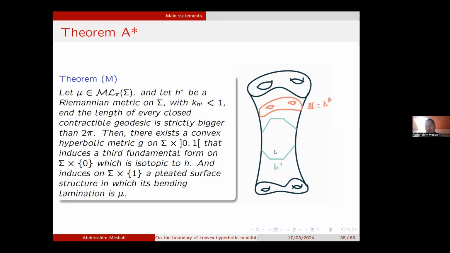So in both statements, we don't know uniqueness. We just know existence. We still know nothing about the uniqueness.